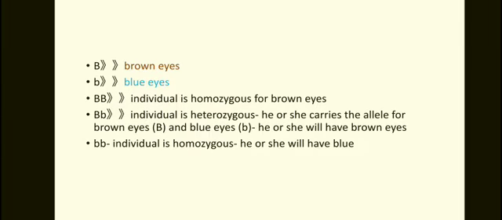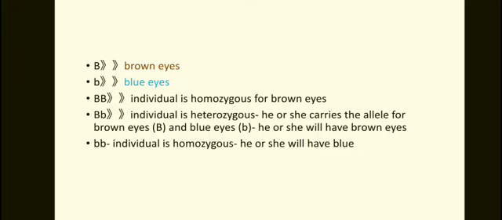So we are saying we've got two alleles here. One allele is dominant, so uppercase, capital letter, and another allele is recessive. So how do you write that? With a small letter, lowercase, for blue eyes.